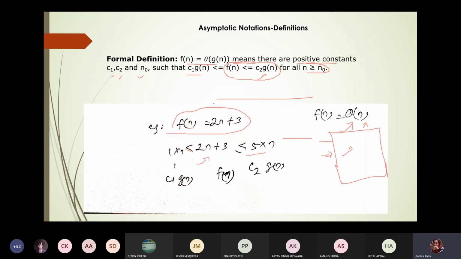For big O notation, the upper bound cases are valid, but it's better to find the boundary value. Similarly, for omega notation, all the lower bound cases are valid, but it's better if you find the boundary value. Is this clear so far?